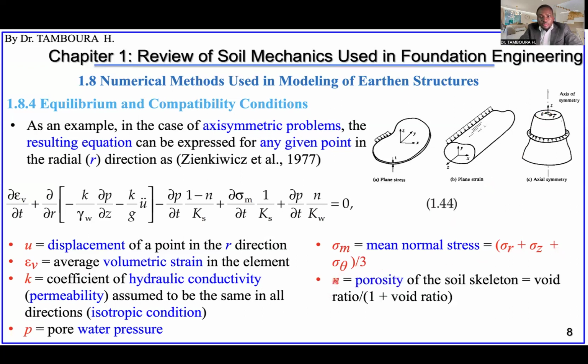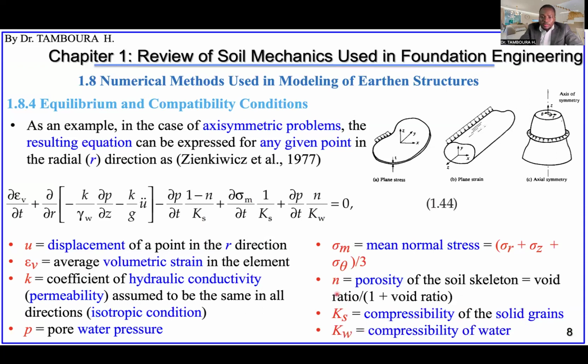And N, you can see N here. N is the porosity of the soil skeleton. If you want, it is like taking void ratio divided by 1 plus void ratio. And Ks, this Ks here, is the compressibility of the solid grain. And the last one here is the compressibility of water.